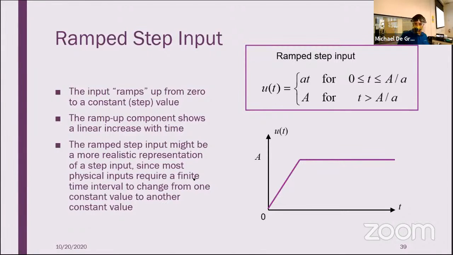It's a ramp from 0 until some time, and then it's just A at that time. It's a more realistic representation of a step input. Something like a velocity profile would look like this. You're driving your car, you ramp up to 60 and then you hold.